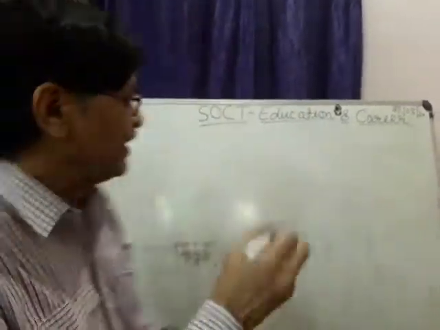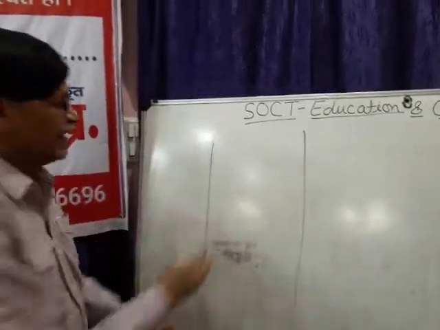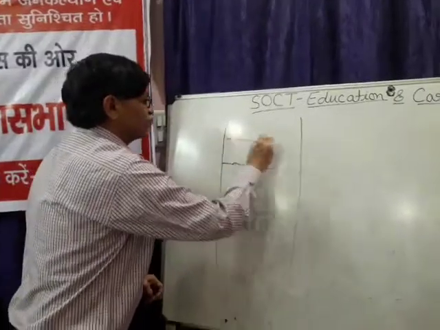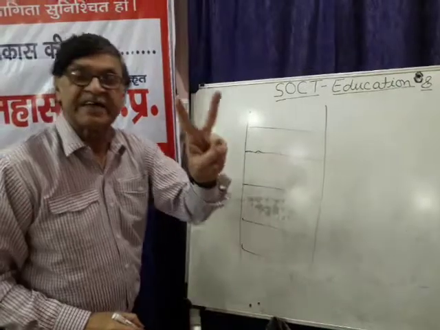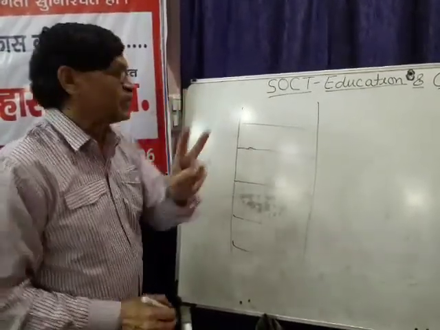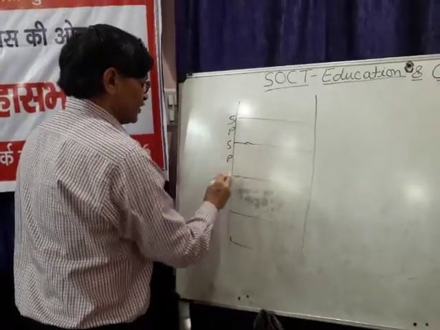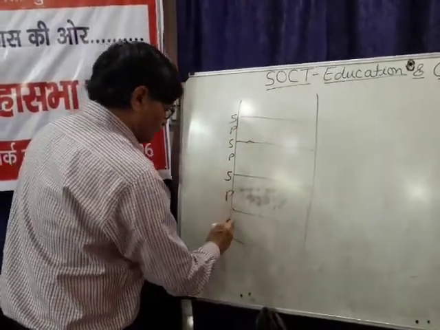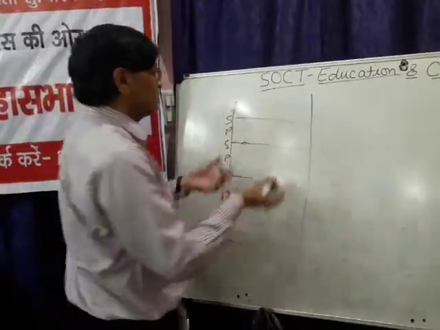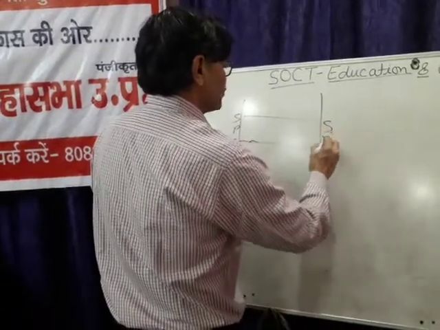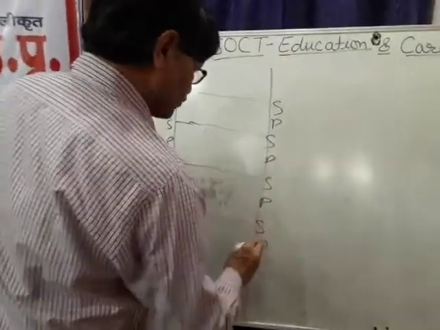It is a ladder-like structure having two longitudinal rods and many transverse rods. The longitudinal rods contain an alternate arrangement of sugar, phosphate, sugar, phosphate, and the other strand also contains sugar, phosphate, sugar, phosphate.